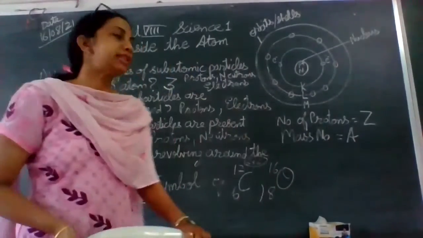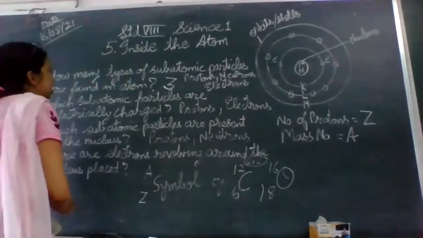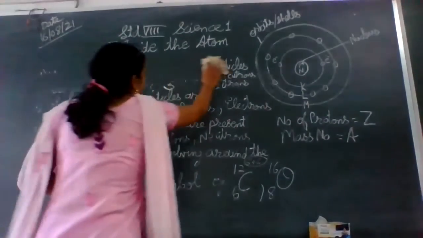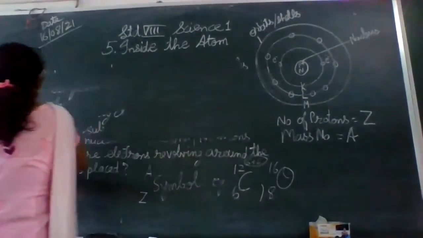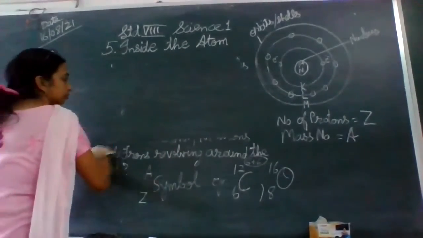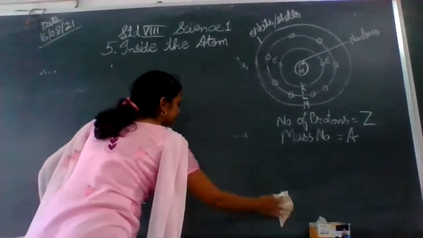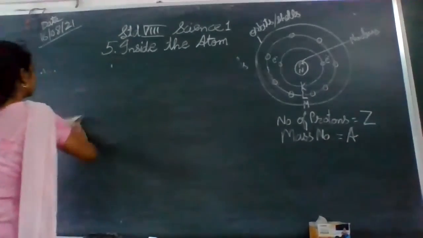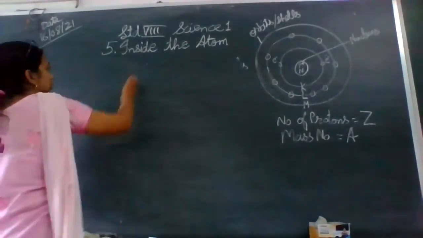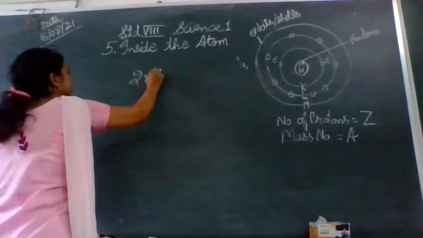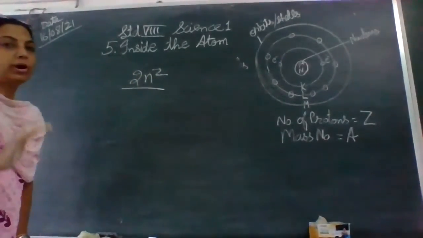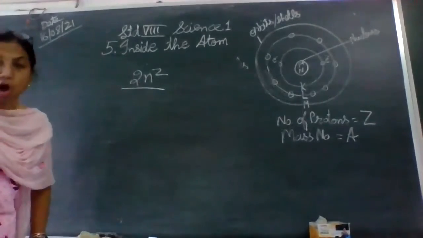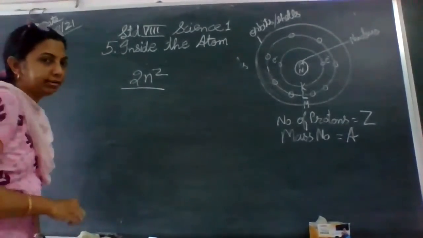As I told you, scientists have given us the formula 2n squared to find out which shell will accommodate how many electrons.